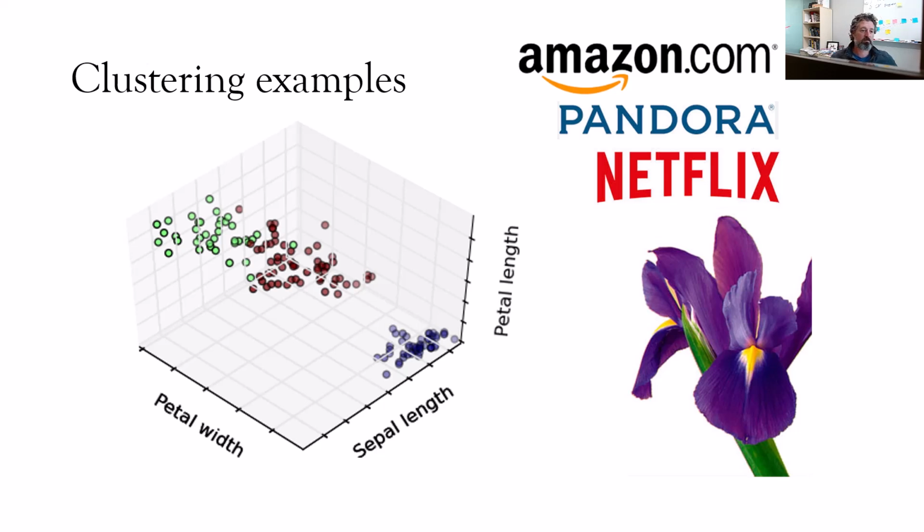But where that's sort of esoteric, what's more important to you guys is that this is also the method that Pandora uses to recommend songs to you, that Netflix uses to recommend movies to you, that Amazon uses to recommend products to you. They're just clustered together. People who bought these products tend to cluster together. They're also how Facebook clusters people together.